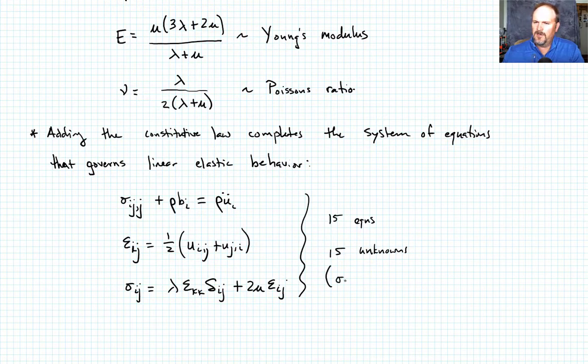Those unknowns are sigma_ij, epsilon_ij, and u_i. So we have a system of coupled partial differential equations that we have to solve for understanding the response of any linear elastic material.